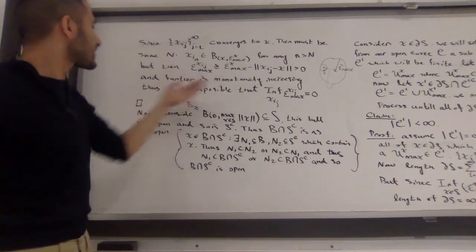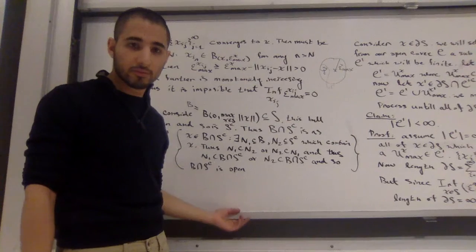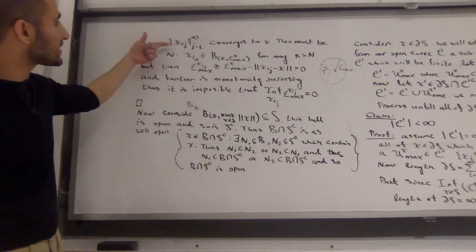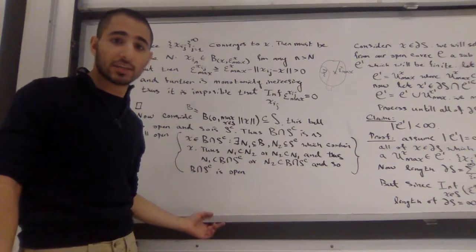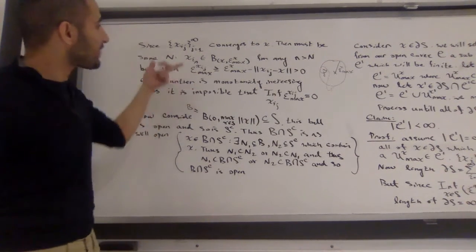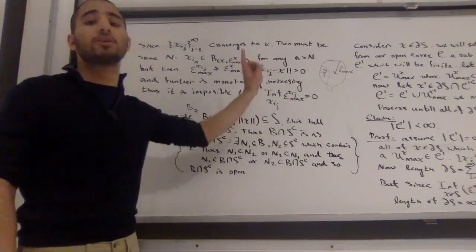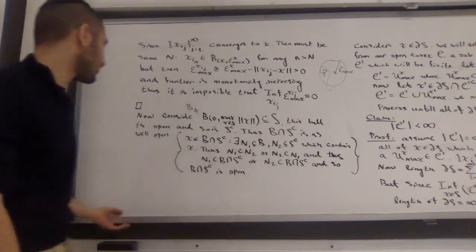But if it's monotonically increasing, then it's impossible for the infimum to be 0, right? Again, this is a subsequence of a sequence which was said to be monotonically decreasing in its value epsilon, but we just found a subsequence which is monotonically increasing in its value epsilon, and therefore the infimum can't be 0.